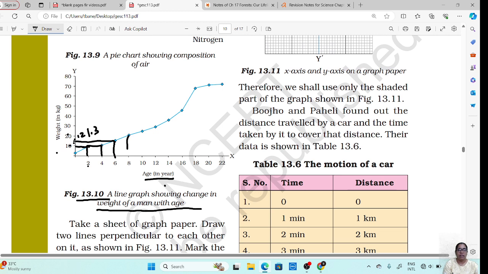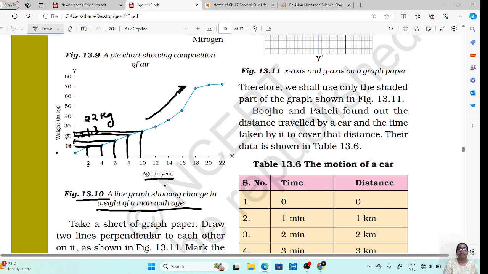Again, then at the age of 8, his weight was 20 kg. Then again, at the age of 10, the weight was between 20 to 30. So it is coming over here near 20. So it could be like 22 kgs. So like this, with his age, his weight kept on increasing.